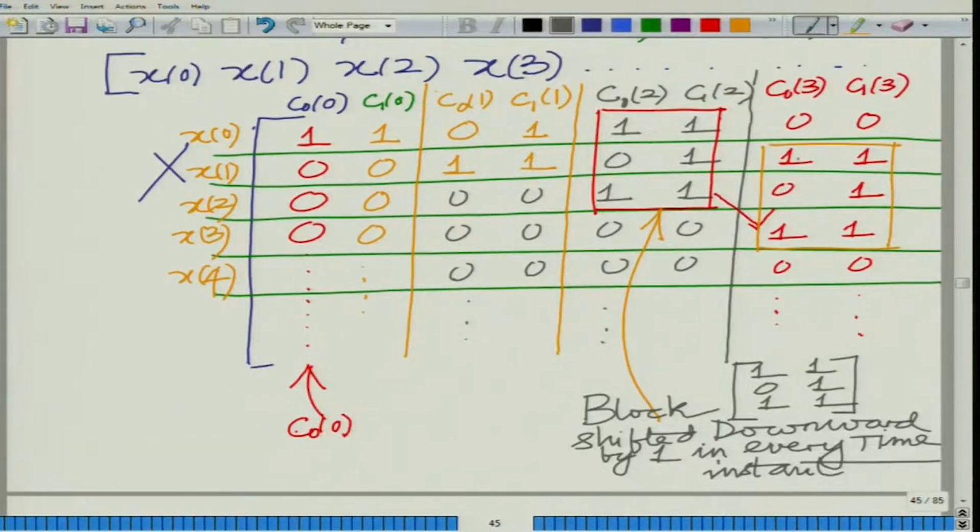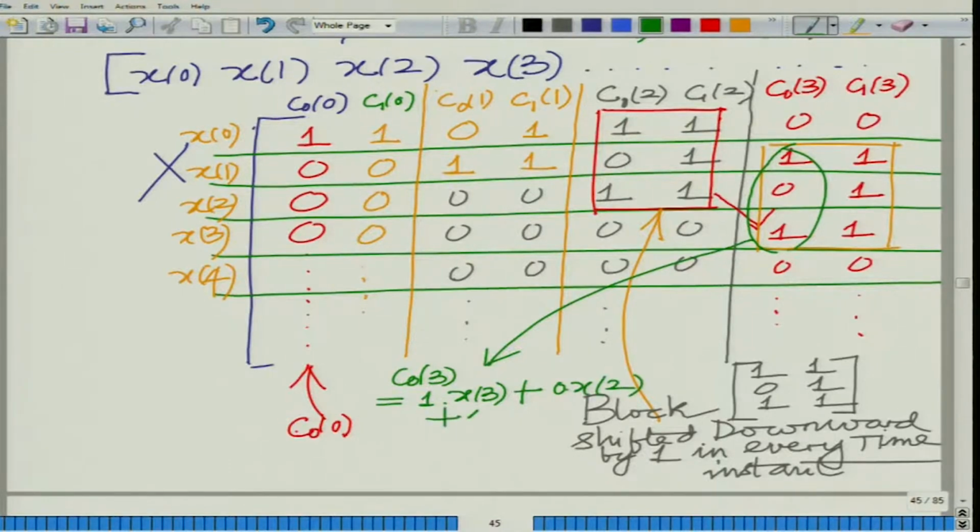For instance, let me just look at this entry C0 of 3. You can see C0 of 3 equals 1 times x of 3 plus 0 times x of 2 plus 1 times x of 1, which is equal to x of 3 plus x of 1.